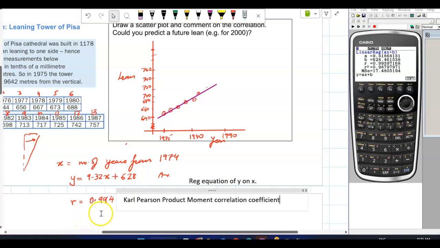Now 0.994, a strong positive correlation would be close to 1. The closer the value to 1, the stronger the correlation, whether positive or negative.